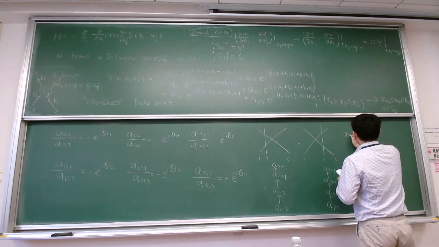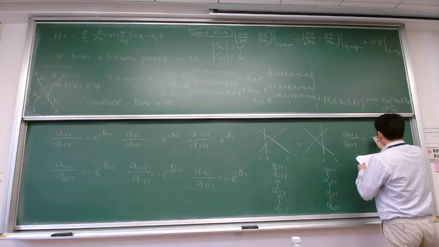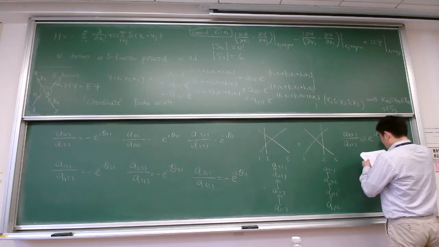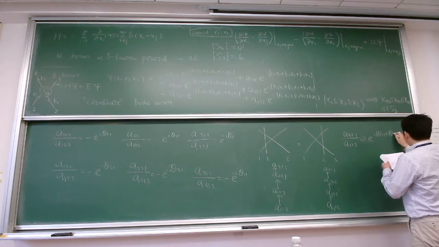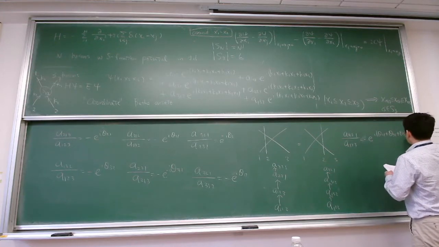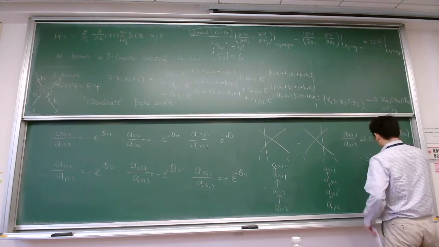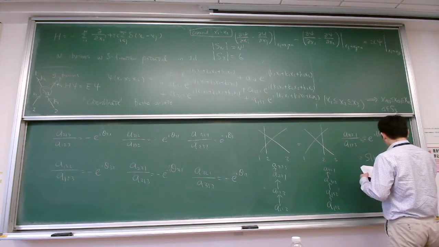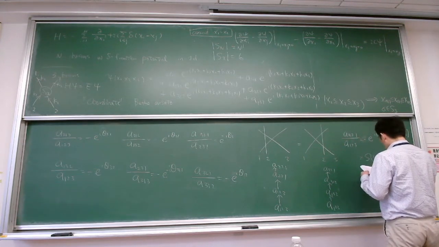And this will give you A(3,2,1). The ratio of A(3,2,1) divided by A(1,2,3) is indeed equal to e^{-i(theta_21 + theta_31 + theta_32)}, and this is indeed equal to S(k2,k1) times S(k3,k1) times S(k3,k2).